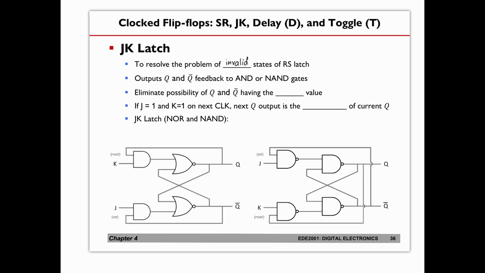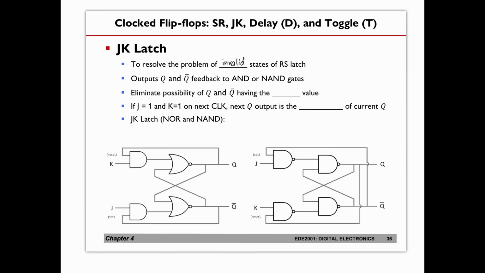Now, what is the purpose of the JK latch? As I mentioned, it is to resolve the problem of invalid states that we had in the NAND or the NOR SR latch. By looking at the circuit, you can see that Q is being fed back here and Q bar is being fed back here. Previously, this was the set and this was the reset.